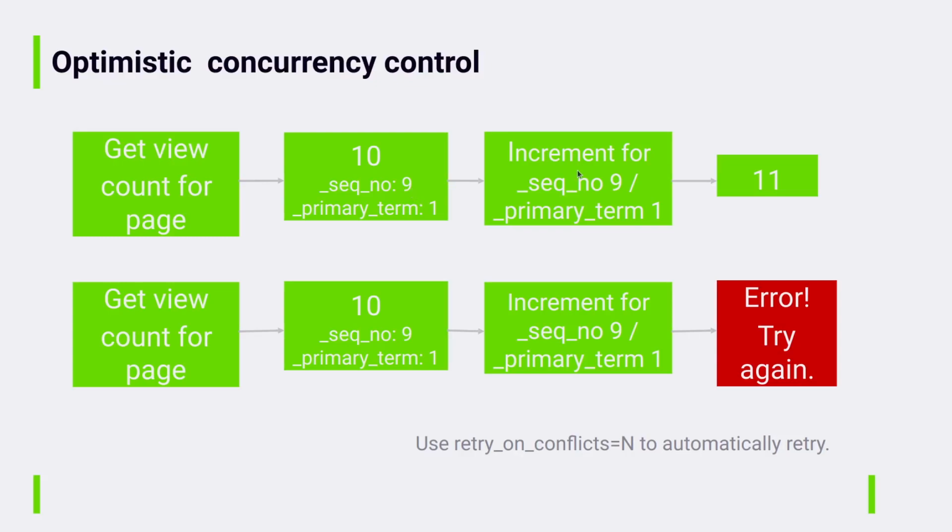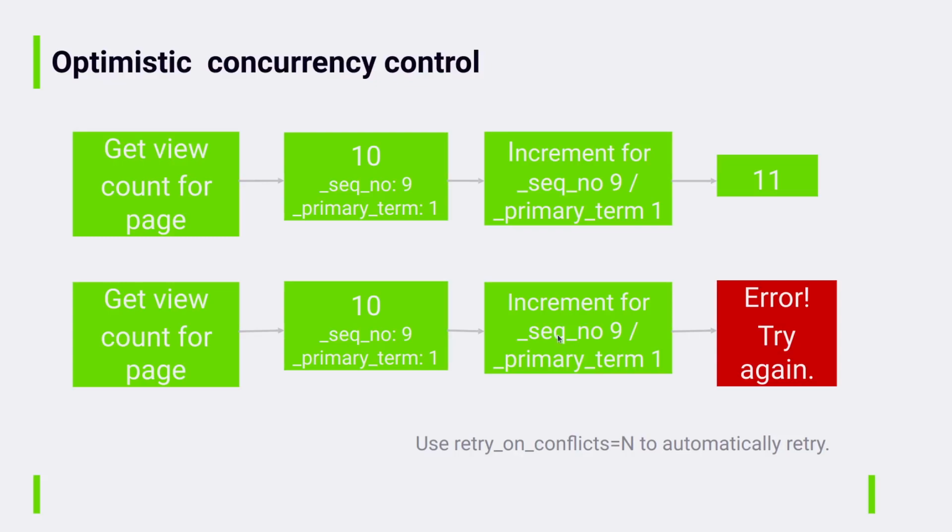Now client 1 will try to increment it and client 2 will also try to increment it. Say client 1 increments it, so now the view count will be 11 and accordingly the sequence number becomes 10. Now when client 2 tries to increment using the old sequence number and primary term, it will get an error saying there is a sequence number conflict, or version conflict, of the document.